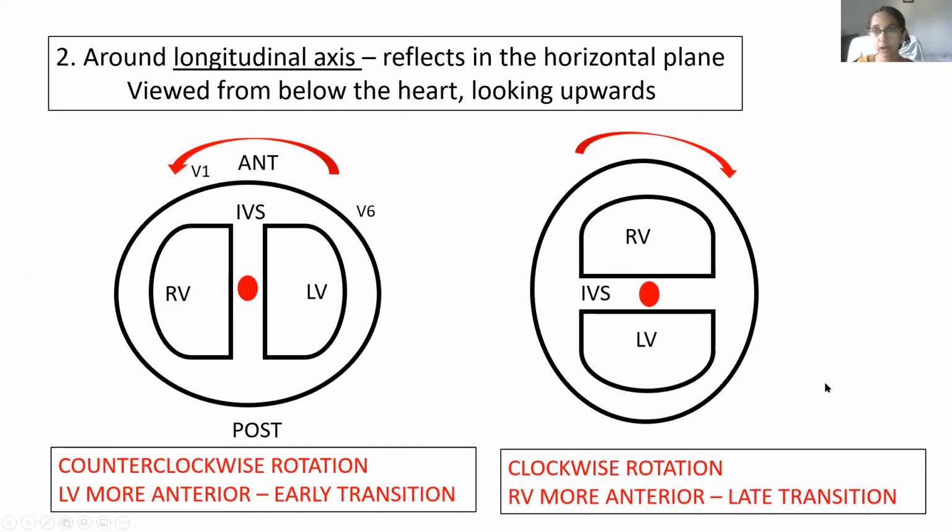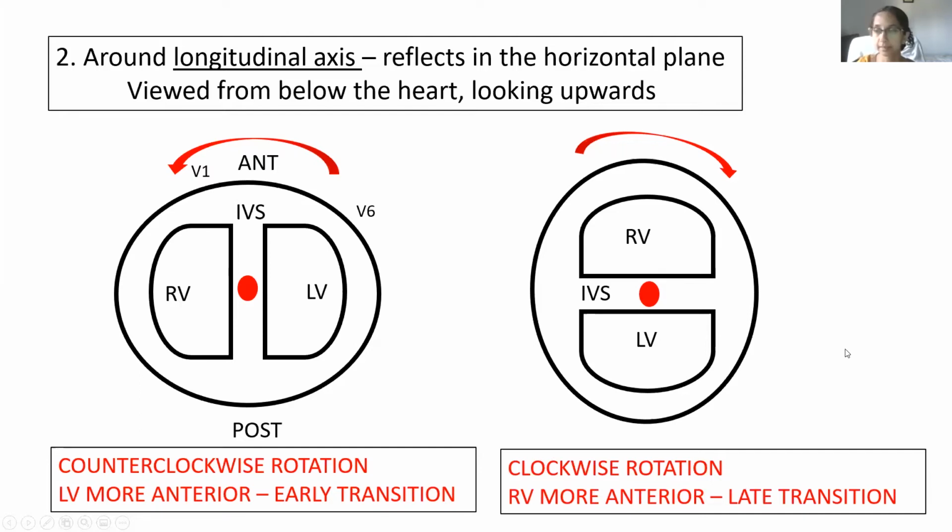All of us know now that the transition normally happens in V3 and V4. If I have an early transition, I would tell it as counterclockwise rotation, and I understand that LV is more anterior. If I have a late transition, it is clockwise rotation, and I know RV is more anterior. I usually use this method, L and L. Clockwise is late transition is RV.